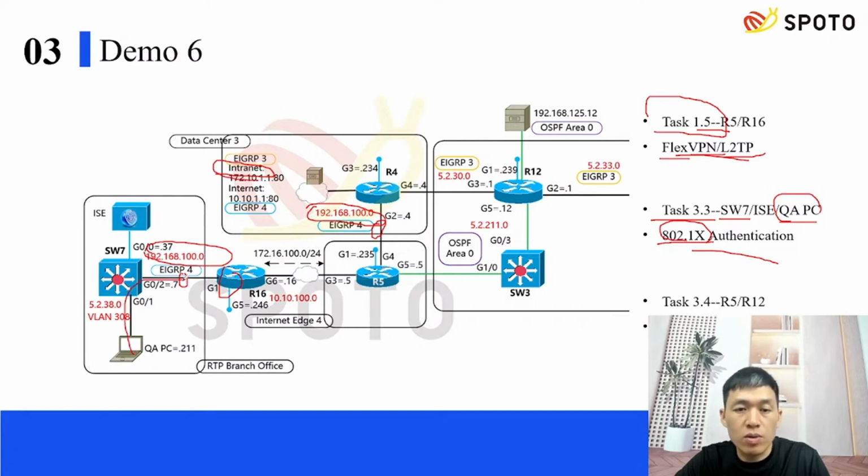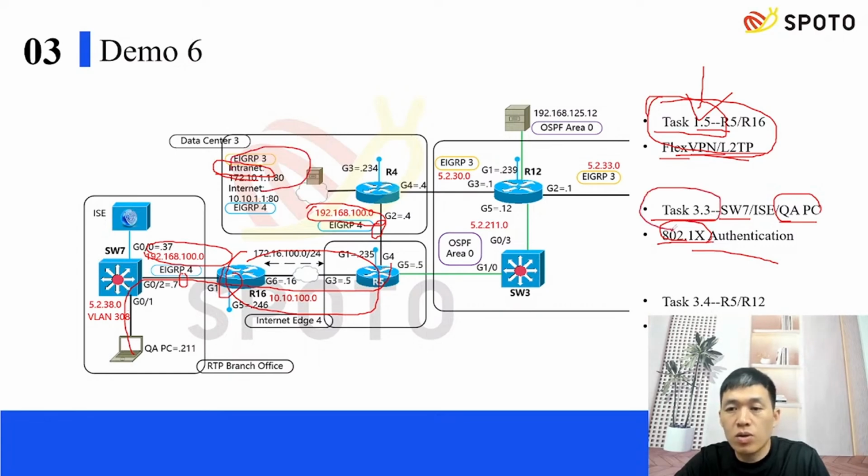So you can see the traffic goes through these two devices as well. And task 1.3 should be done first before you can successfully verify the outputs for task 3.3. Alright, and we will have these notes for you in the workbooks as well.